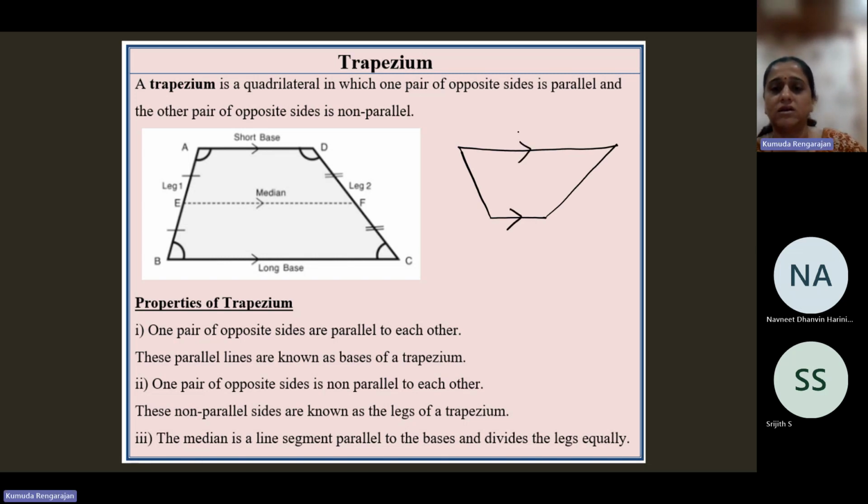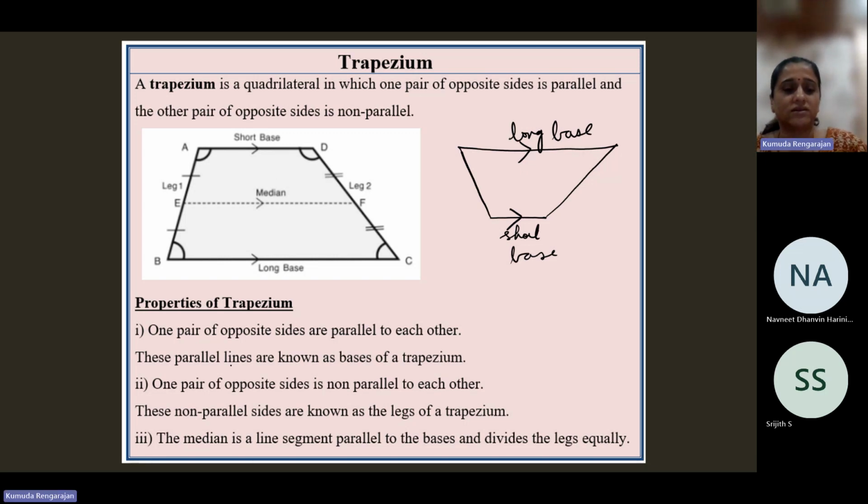These two sides are parallel, so this is the long base and this is the short base. So short base and long base can be above or below, depending on the figure.